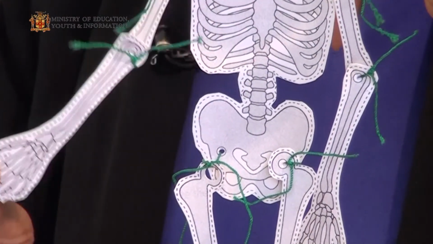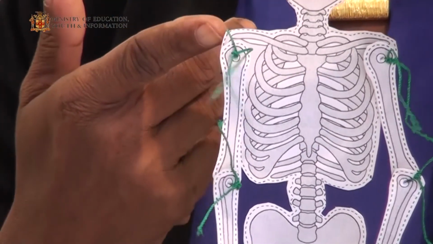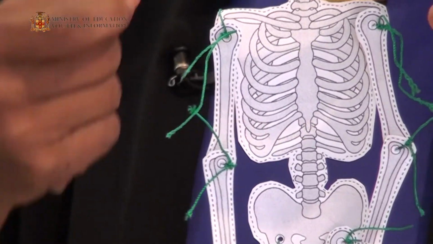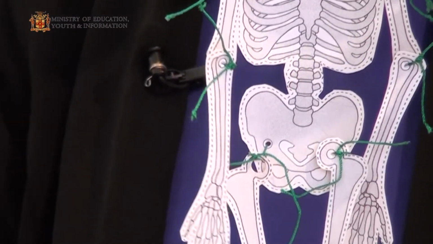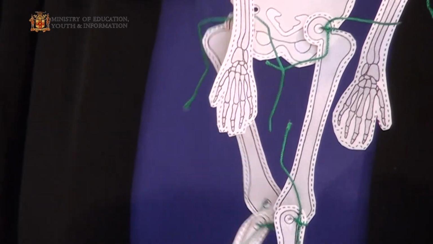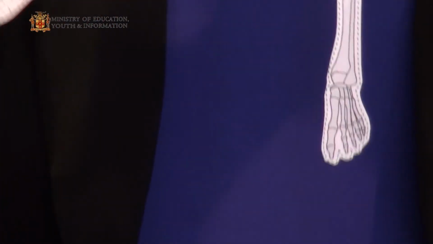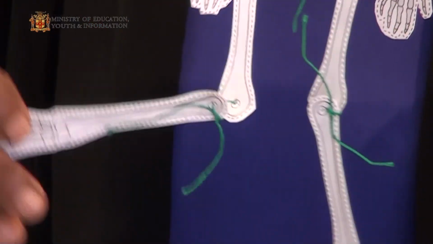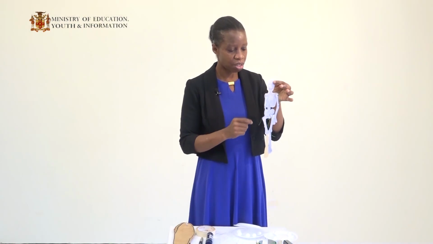So I have cut out the different parts. I have attached them with a string. You could use your paper fastener. You could punch a hole, right? And attach. So the arms function as a lever. The legs, same thing, right? Your joints, your knee joint would be functioning as your fulcrum or that pivot, right? To be able to move the leg in different directions, okay?